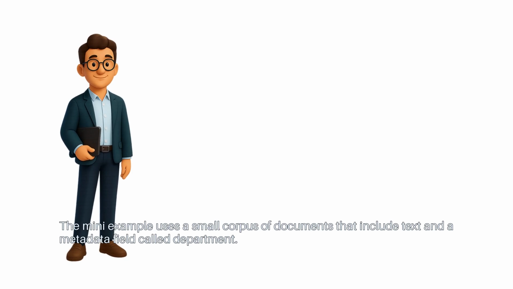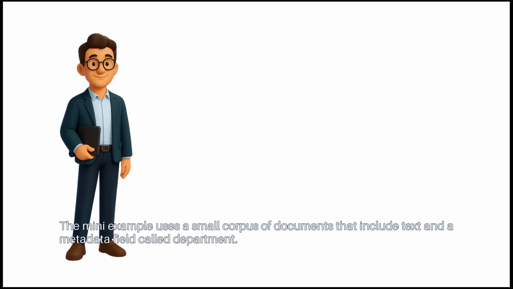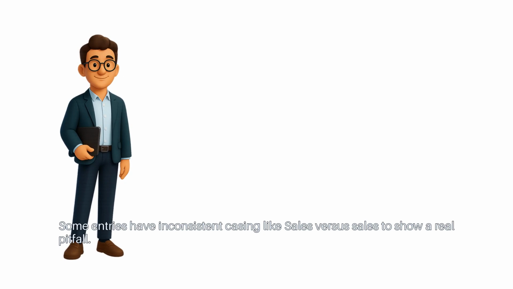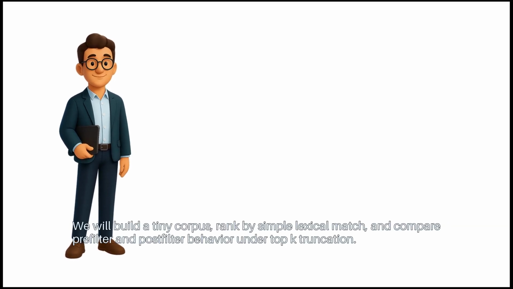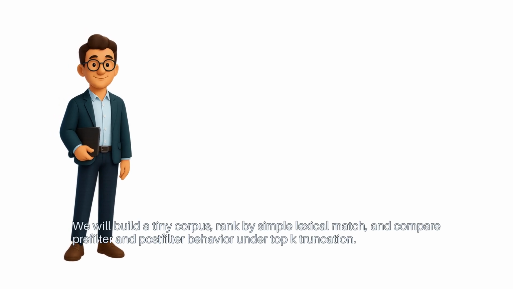The mini example uses a small corpus of documents that include text and a metadata field called department. Some entries have inconsistent casing, like Sales versus sales, to show a real pitfall. We will build a tiny corpus, rank by simple lexical match, and compare pre-filter and post-filter behavior under top K truncation.